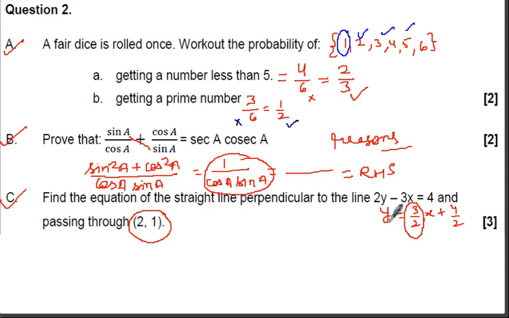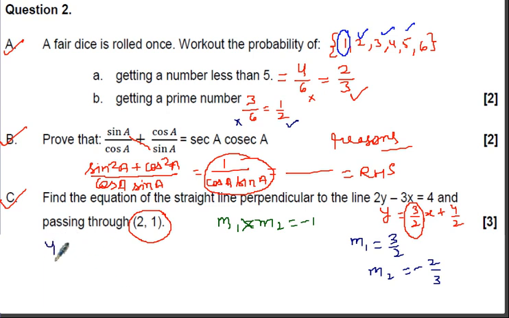So when the slope of the line is 3 upon 2, the perpendicular will be minus 2 upon 3, the reciprocal. You know m1 into m2 is minus 1. So you can give that reason, and you can find that the slope of the perpendicular line will be the negative reciprocal. Since m1 is coming 3 upon 2, your m2 will be minus 2 upon 3, negative reciprocal.